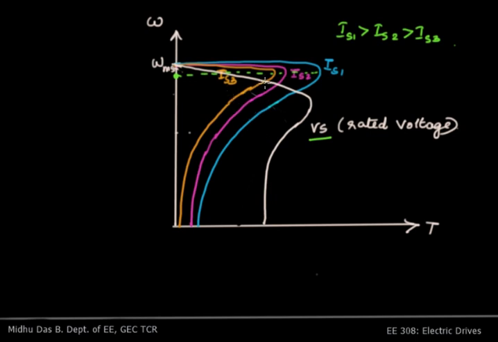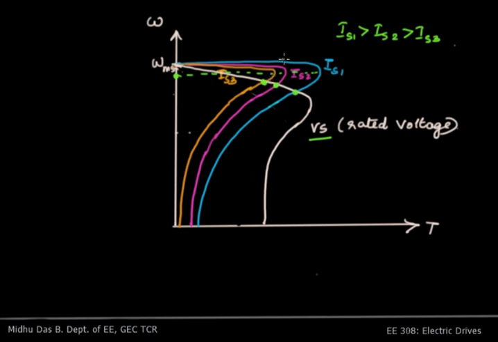At rated voltage, the machine is operating at its rated flux. So these points where the curves intersect, that is the curves corresponding to the current source fed induction motor and a voltage source fed induction motor, at these points, the machine is operating at rated flux.